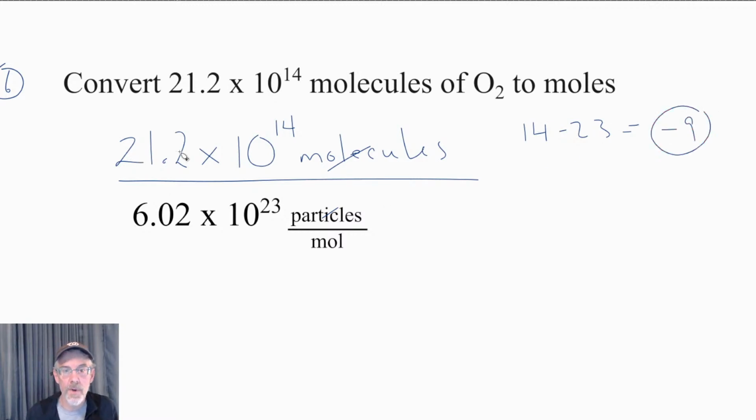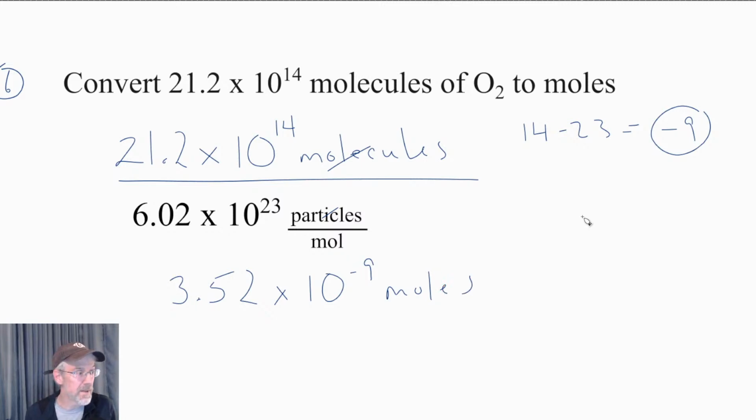So I divide 21.2 by 6.02. And I'd end up with, I'm going to do that on my calculator here. 21.2 divided by 6.02. That gives me 3.52. And since I have this here, when I subtract those, I end up with 10 to the -9th. And that's going to be moles, because that's all that's left.